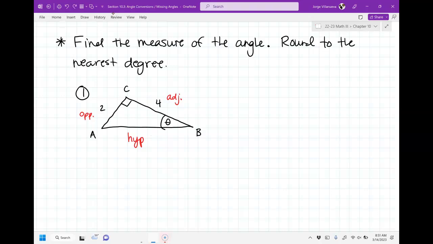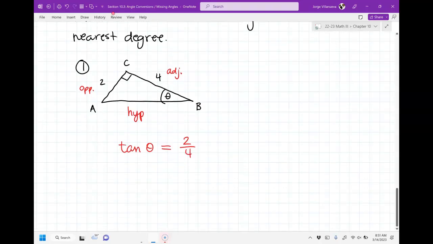So that's why it's 2. So I have opposite and adjacent. So according to definitions that we learned yesterday, I get to use tangent of theta because that has opposite over adjacent as its definition. 2 over 4. Okay, that's a half, right? So tangent of theta is equal to half.